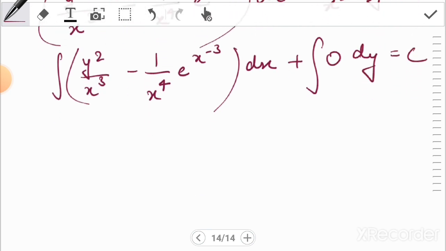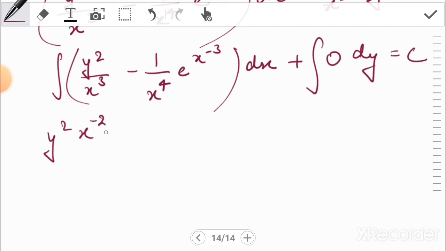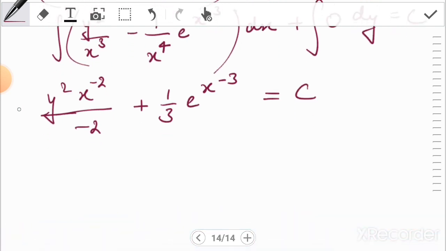Now integrating this, we will have y square x power minus 3 plus 1, that is minus 2, by minus 2, plus, integrating this you will get 1 by 3 e power x power minus 3, is equal to C. So this is the required solution.